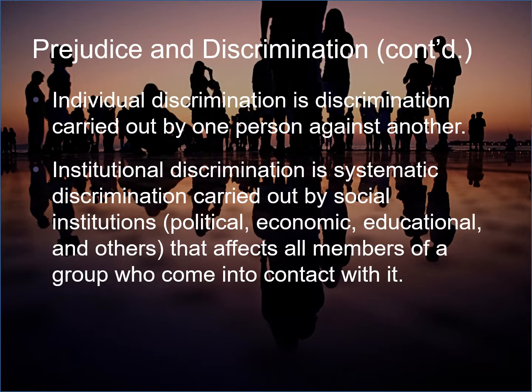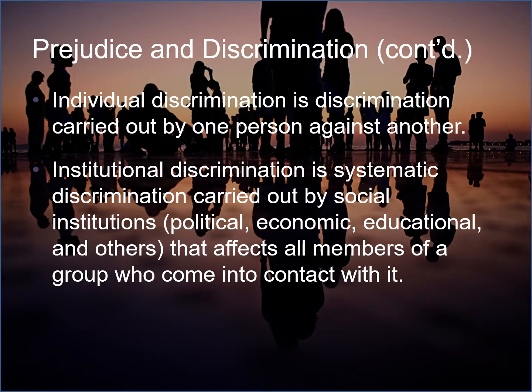Individual discrimination is a type of discrimination by one individual against another. Institutional discrimination refers to a structural disadvantage for an entire group of individuals based on their group membership. Institutional discrimination is often more difficult to observe because it is not just one person acting against another.